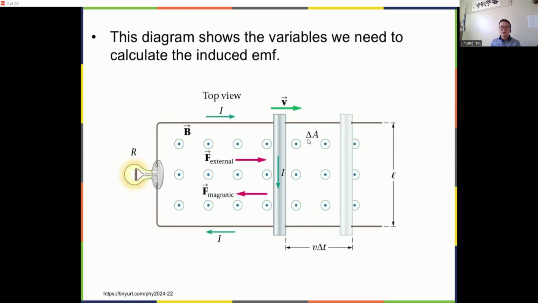That will be your change of A. And the B field is perpendicular to the surface of this coil, so theta is 0 and cosine theta is 1. So then the total flux should be just B times A in this case.